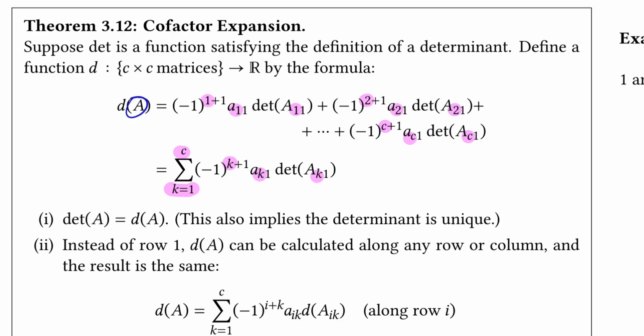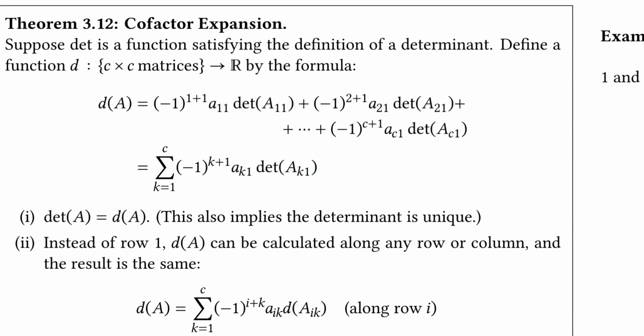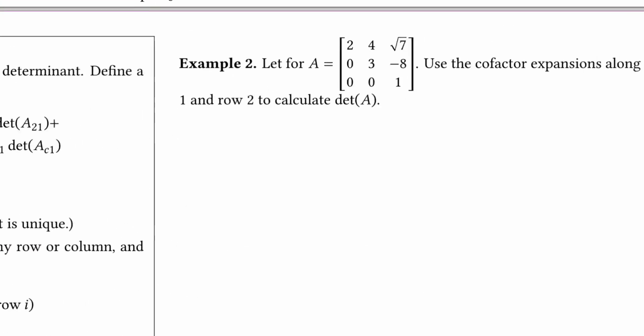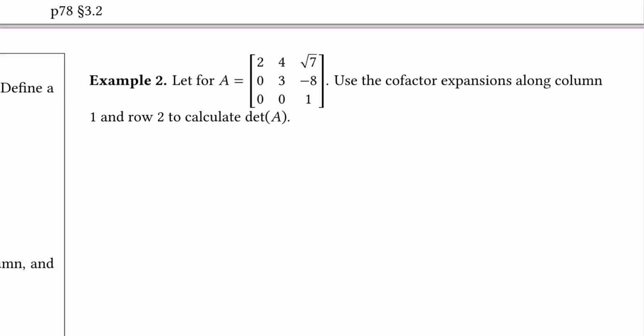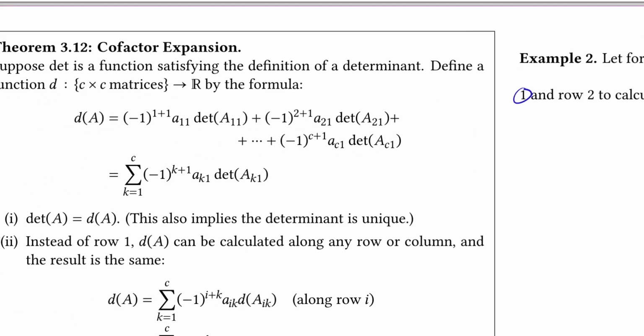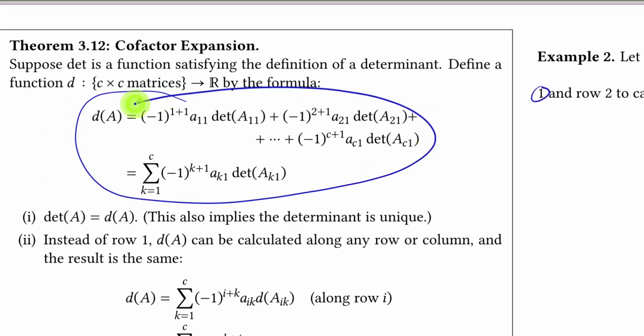Okay, so yeah, these formulas are saying the same thing. We're not going to prove it, but the first thing I want to do is use this to actually calculate a determinant. So, for example, here's A. We're just going to start by doing the cofactor expansion along column 1, which is the way this formula is defined.